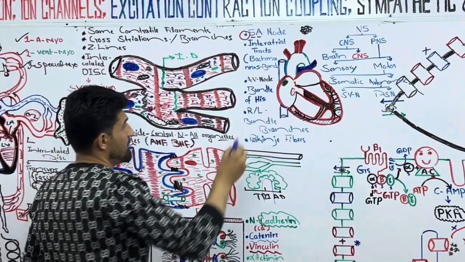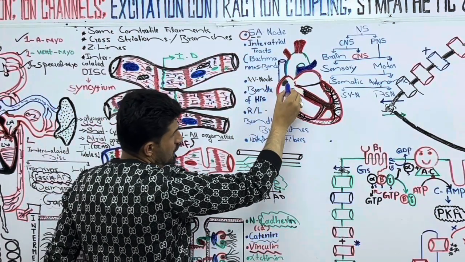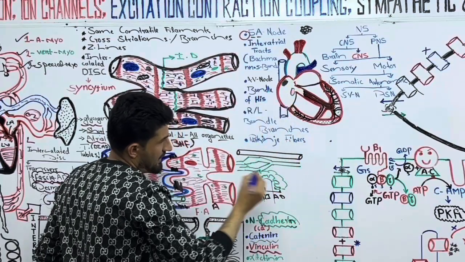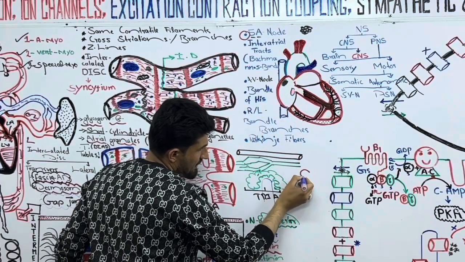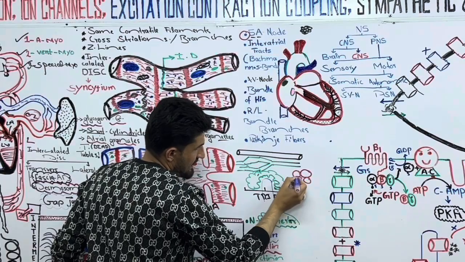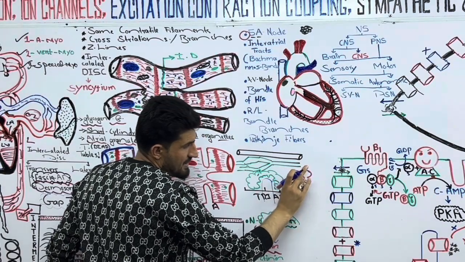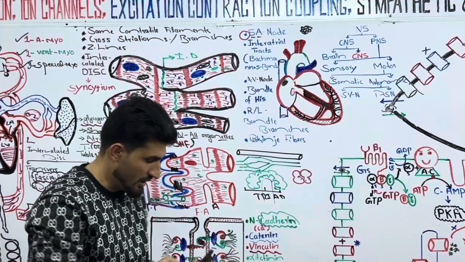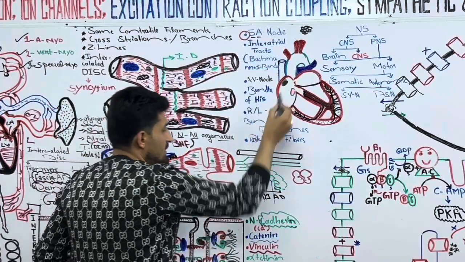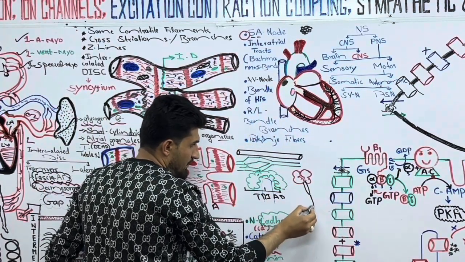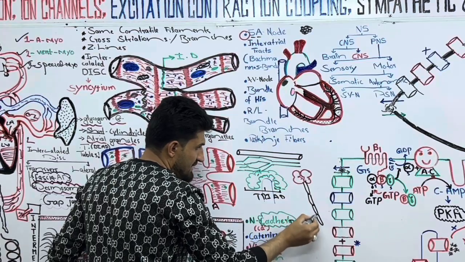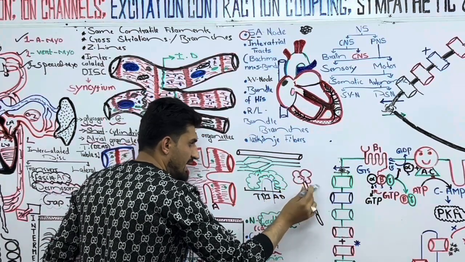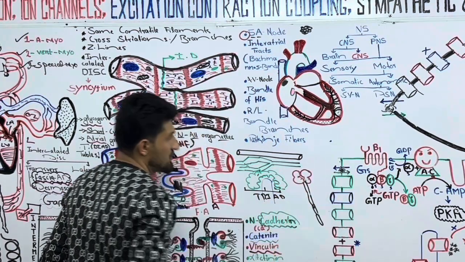The next part of the conductive system: these are cells of the SA node, and they are interconnected to each other by gap junctions. Then some special cells come here, and these cells are also interconnected by gap junctions.